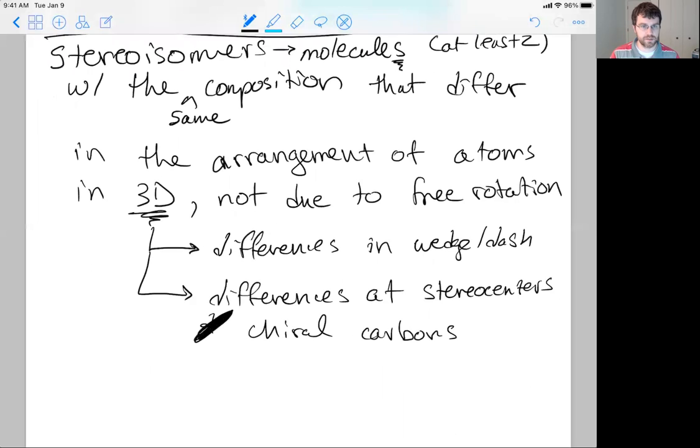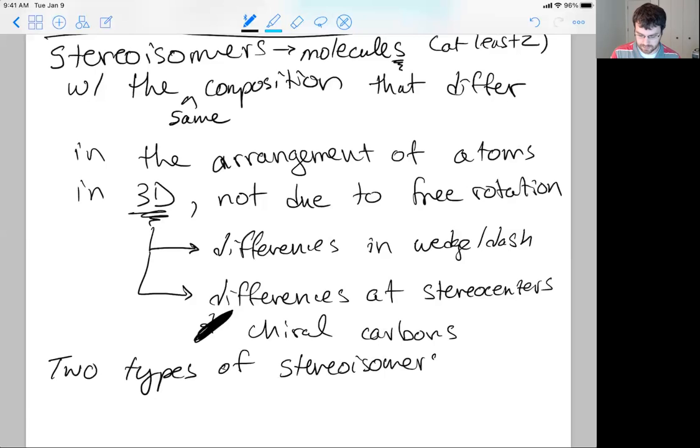Okay, there are 2 types of stereoisomers, and they have ridiculous names for students in their first semester of organic chemistry to try to learn. So just practice it, try to enunciate it as best that you can. But the 2 types of stereoisomers are as follows. Number 1, we have enantiomers.